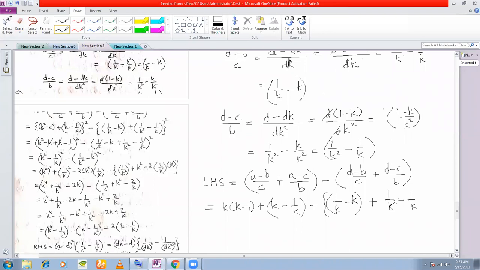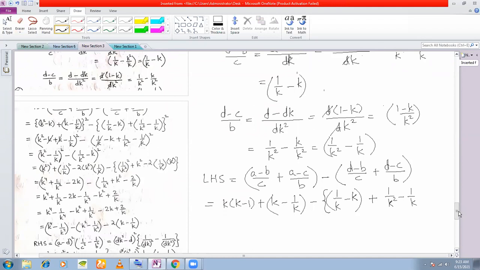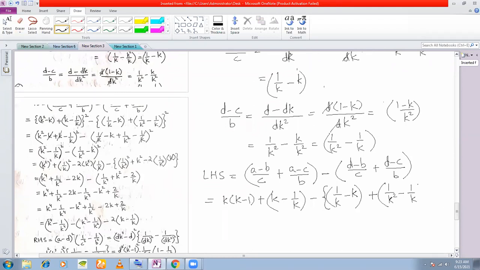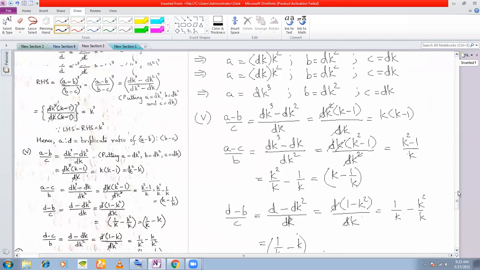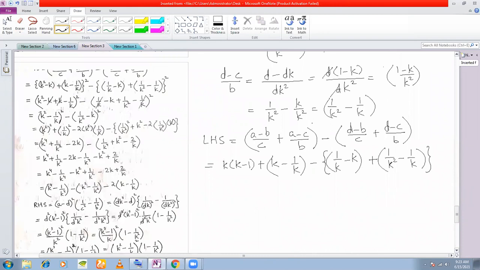So 1 by k minus k. Okay. So all this was square or what? Yeah, all this was square. This is a square. This is a square. And this is also a square.